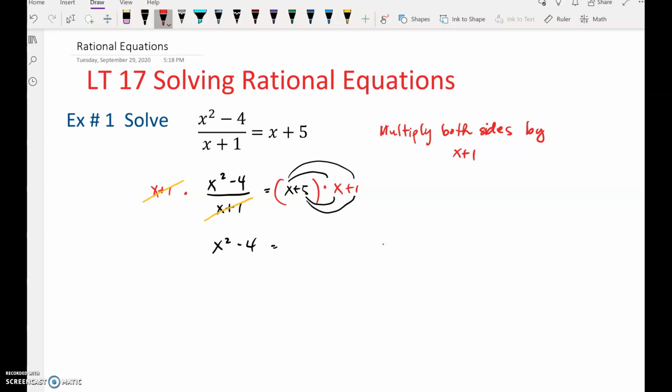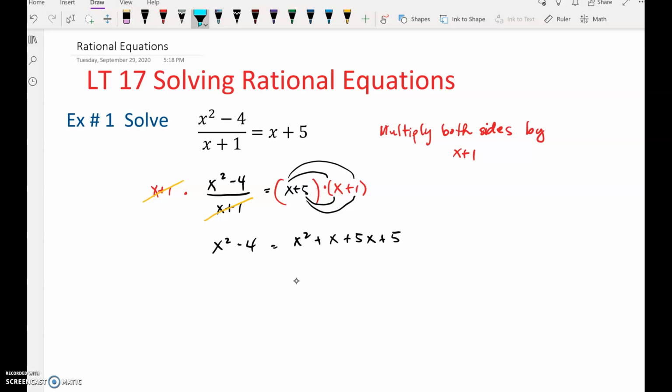So the product will be x squared plus x plus 5x and then plus 5.